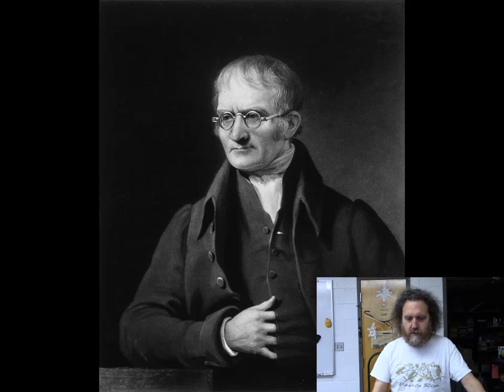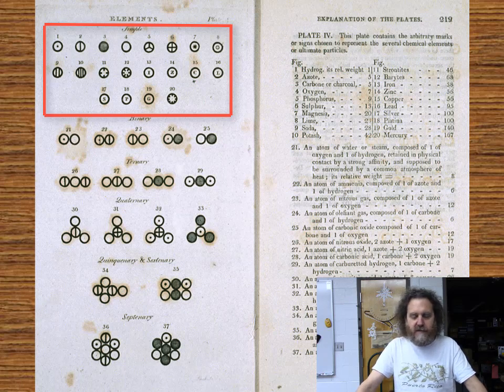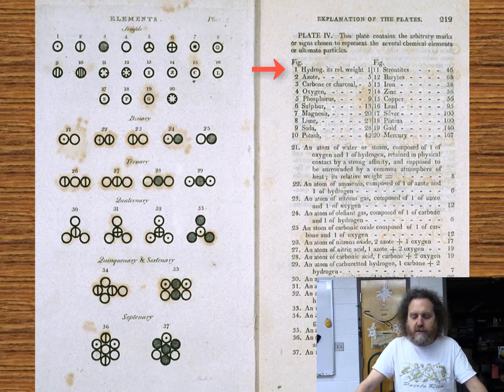And in fact, here is part of a publication of his, and you can see at the top of this left page, these are supposed to be the elements, the basic bits of which matter is made. And he's got some named here: hydrogen, azote, which is what we now call nitrogen, carbon, oxygen, phosphorus.